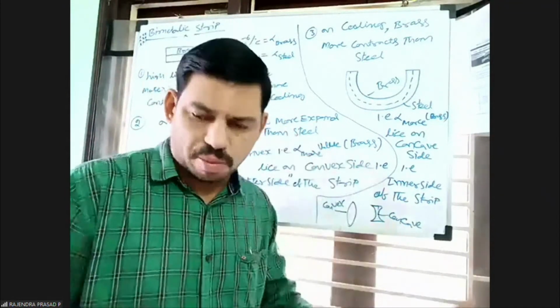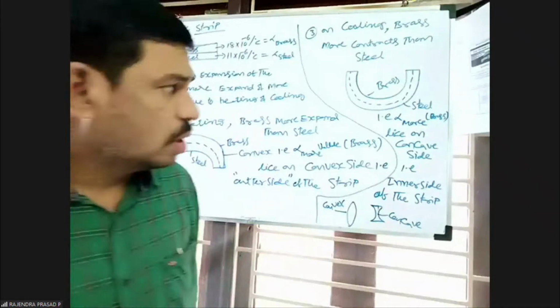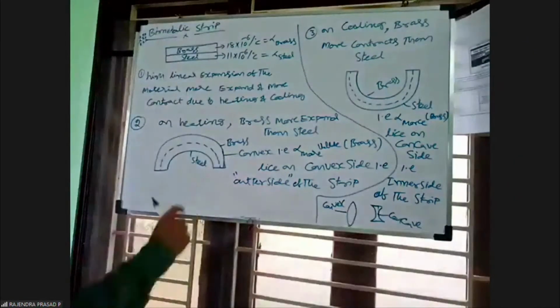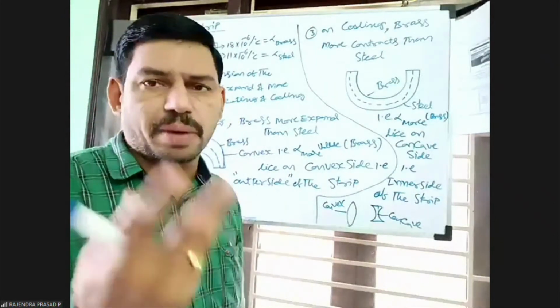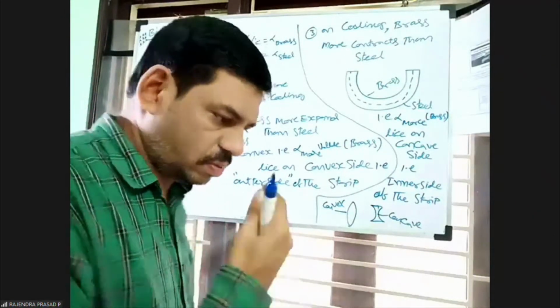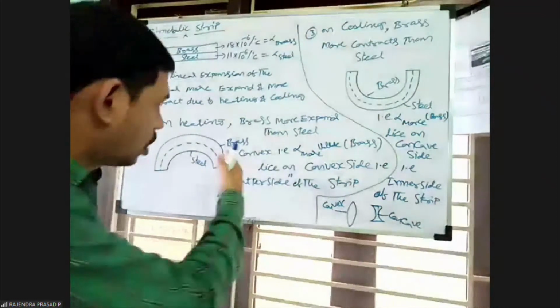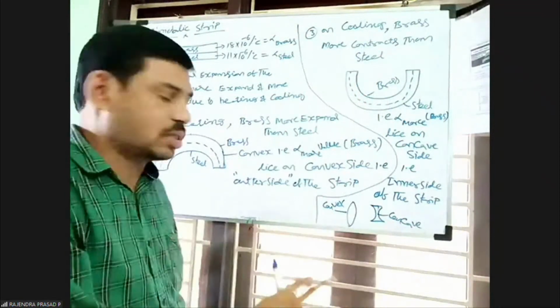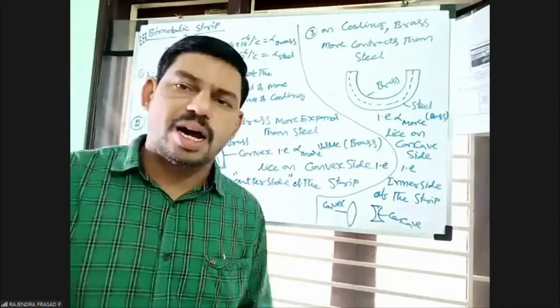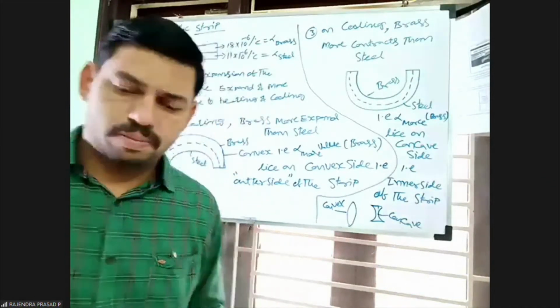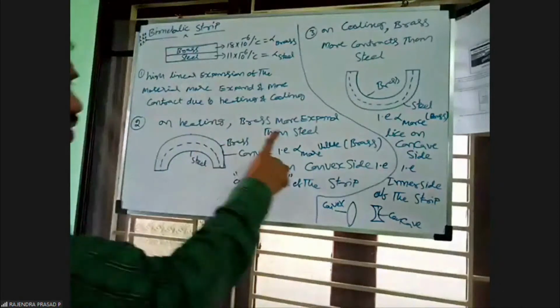So this is the bimetallic strip, which has different metals. The pan is only one metal. The bimetallic strip means two metals, brass and steel. The pan is only iron or steel, only one metal. Okay, first complete the topic.